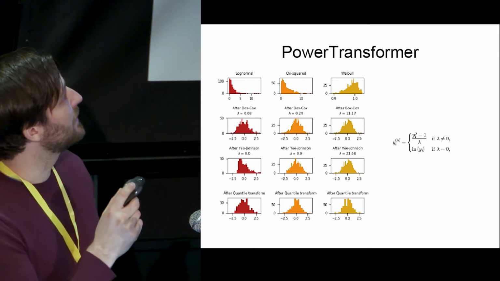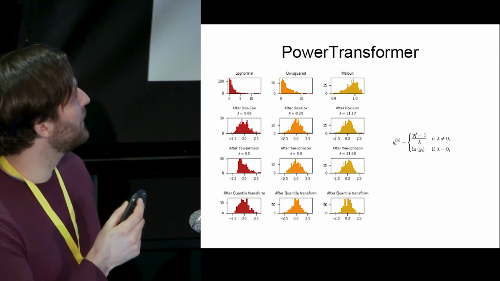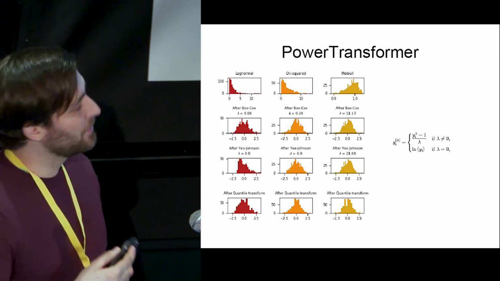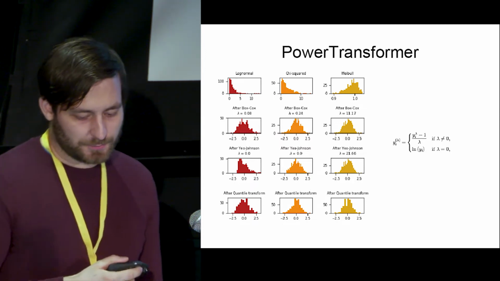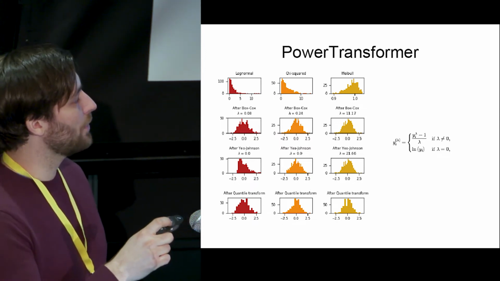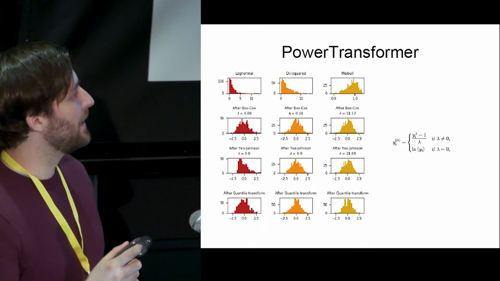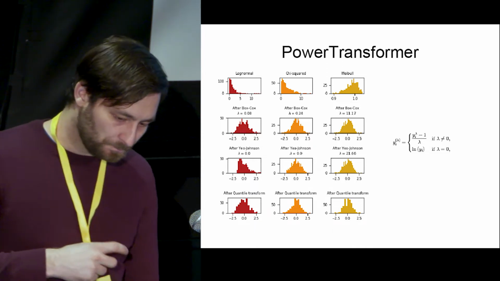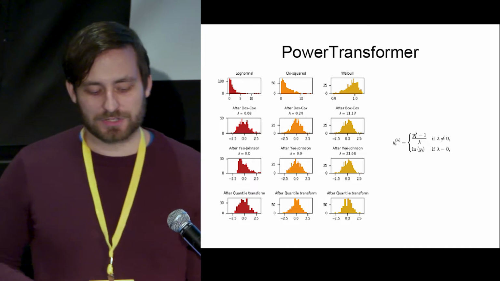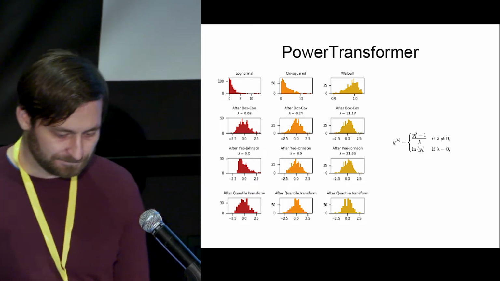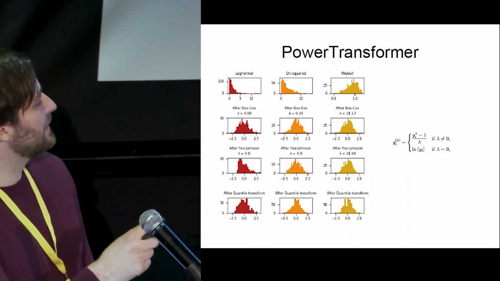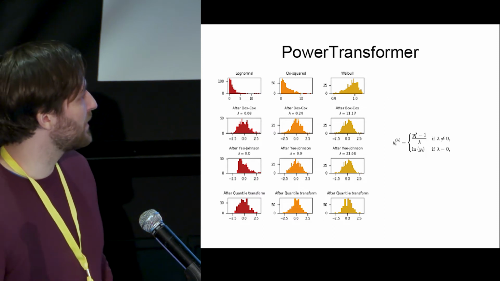We added in this power transform the Box-Cox transformation and Yeo-Johnson transformation, which are both power transformations, meaning they take the data to some power lambda, and they estimate this lambda so that the data afterwards looks as Gaussian as possible. And so you can see these look much more normal.